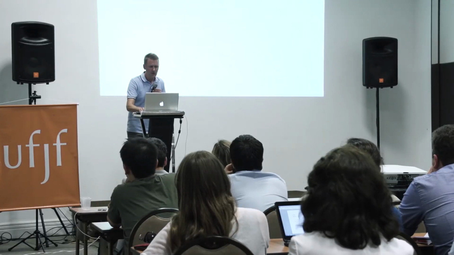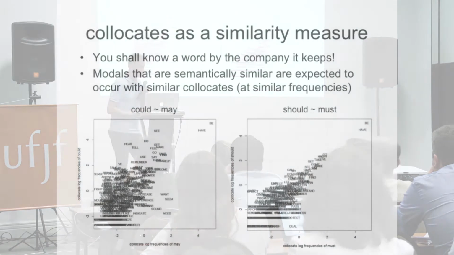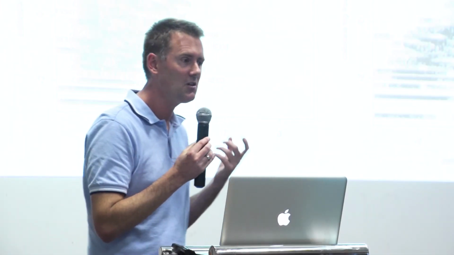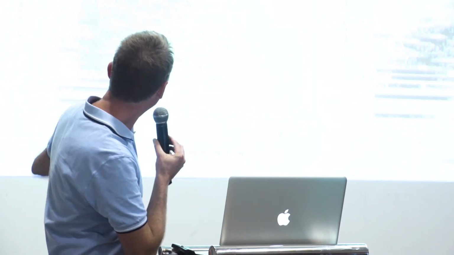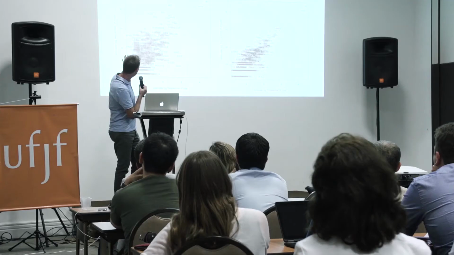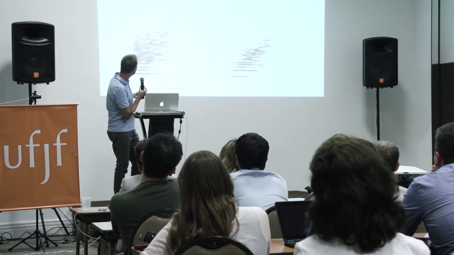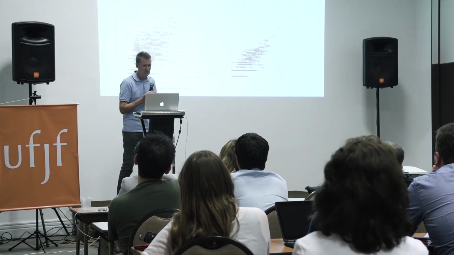And as it turns out, should and must correlate rather nicely with regard to their collocate frequency, suggesting that there is some semantic relation, whereas could and may have a more unruly cloud of collocates, suggesting that they serve different functions.